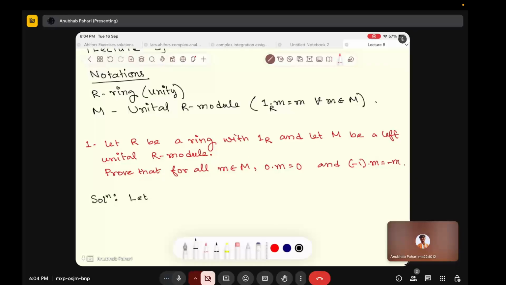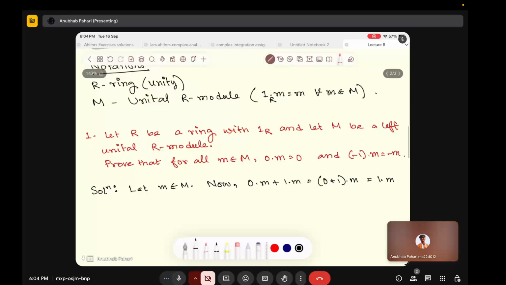Let small m belong to capital M. Now 0 dot m plus 1 dot m equals 0 plus 1 dot m, which is 1 dot m, by the definition of module.